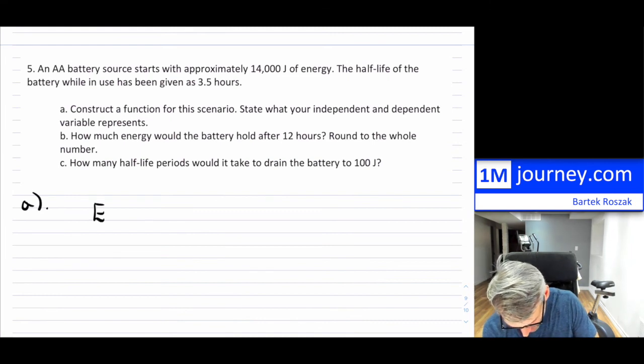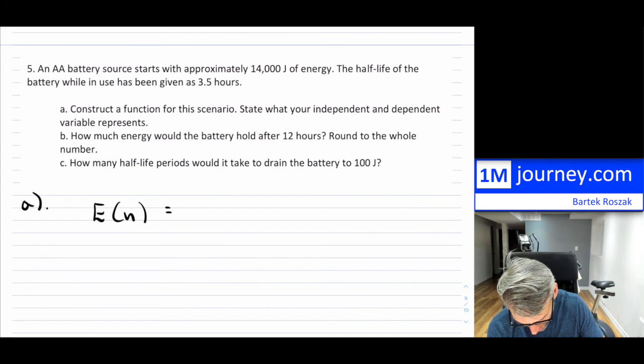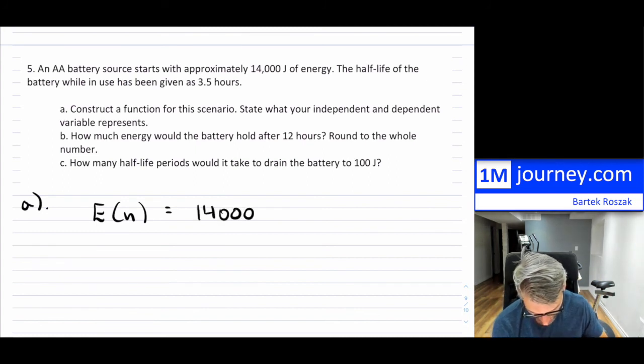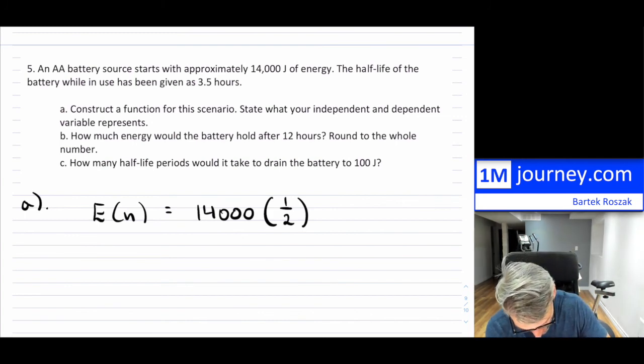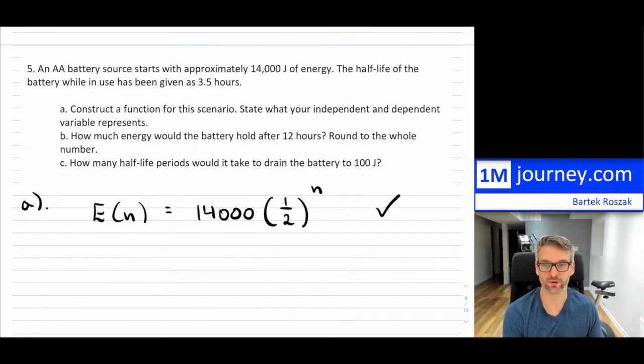I'm going to say E of N is equal to 14,000 times, since half-life means 1 minus a half, or 1 minus 50%, which gives us 1/2, to the power N. That is if you're only doing it in half-life periods.